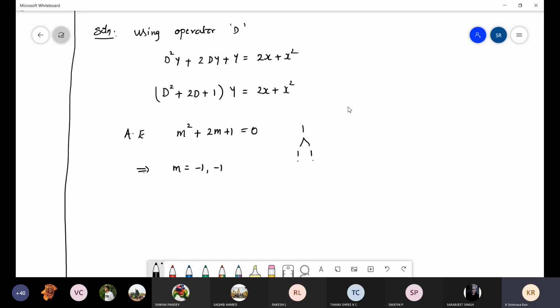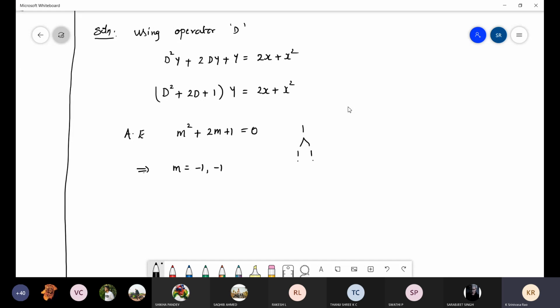Whatever number you write here, take its opposite sign. Plus means minus, minus means plus. Please don't take it as it is. This is one method, to directly write the root. If it is confusing, you can go step by step, applying a high school level method to find the root.